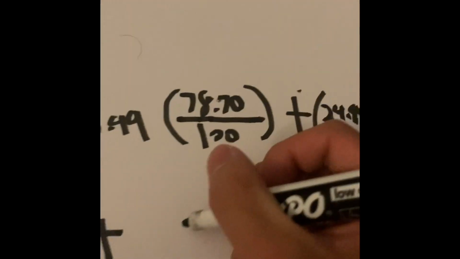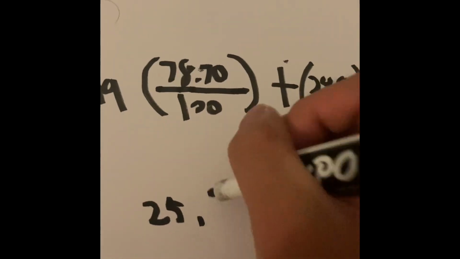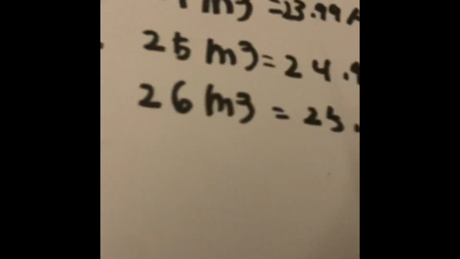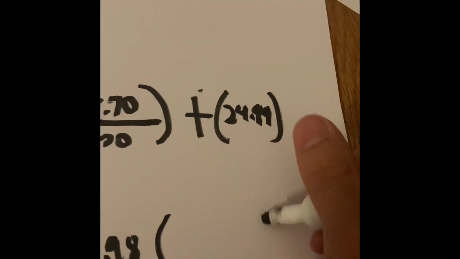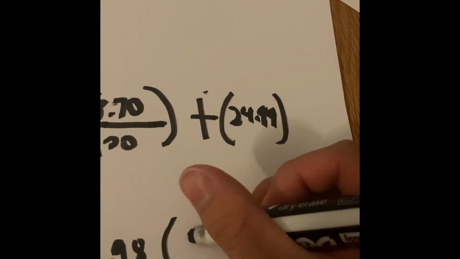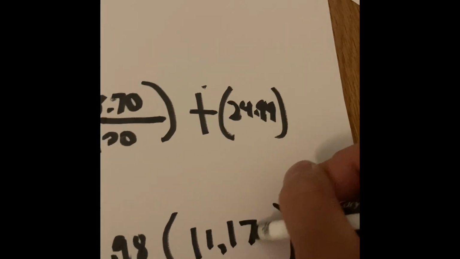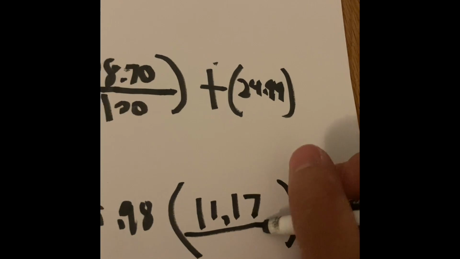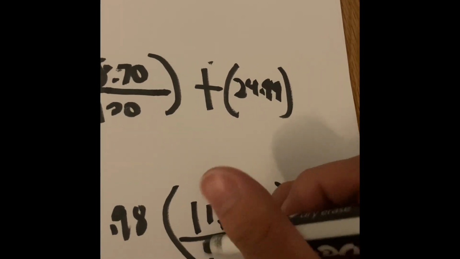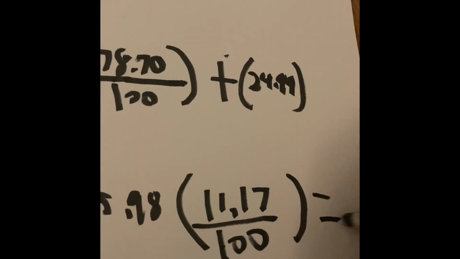That is 25.98 AMU, rounded to 26. Then we multiply that by 11.17, divide by 100, and we get an answer.